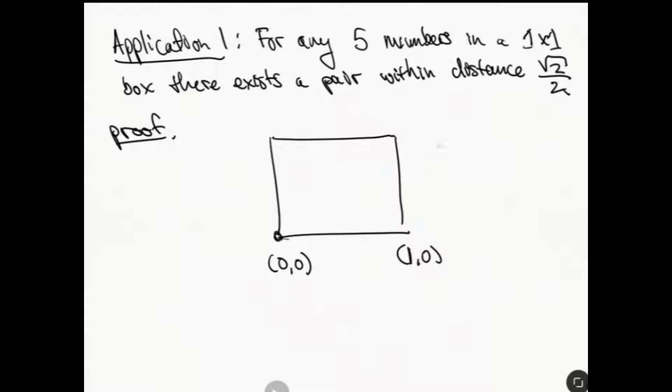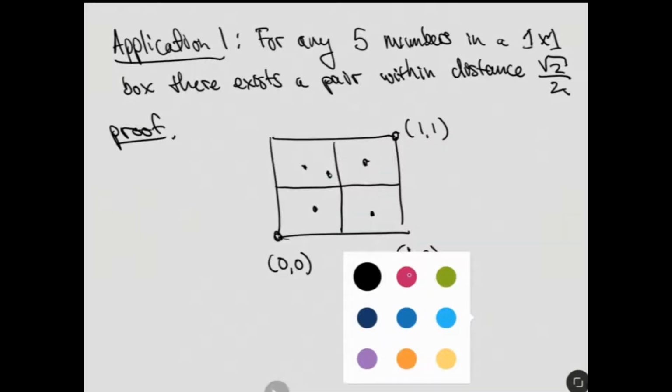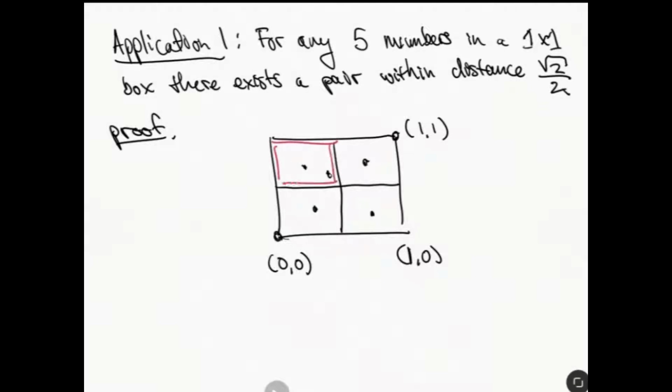This also has side length 1, so maybe this is 1, 1. We can partition the box into 4 holes, and if we took 5 random points, any 5 like this, there's going to be 2 in a given box. Here the given box is this one that we drew.